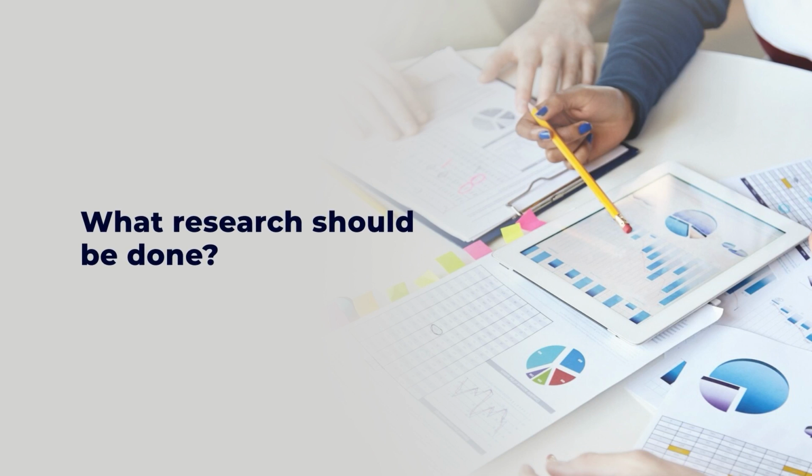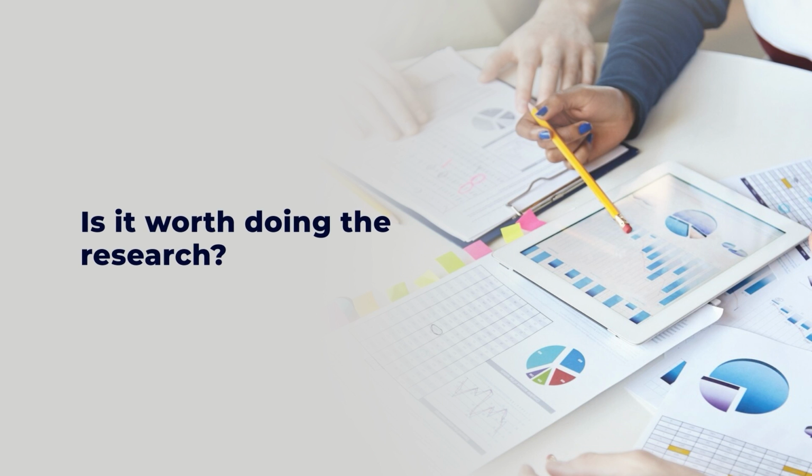Once the need for marketing research is established, the next question arises as what research should be done. Here, the management purpose is translated into objectives. The next question is it worth doing the research? A cost benefit analysis compares the value of the information against the cost of collecting it.